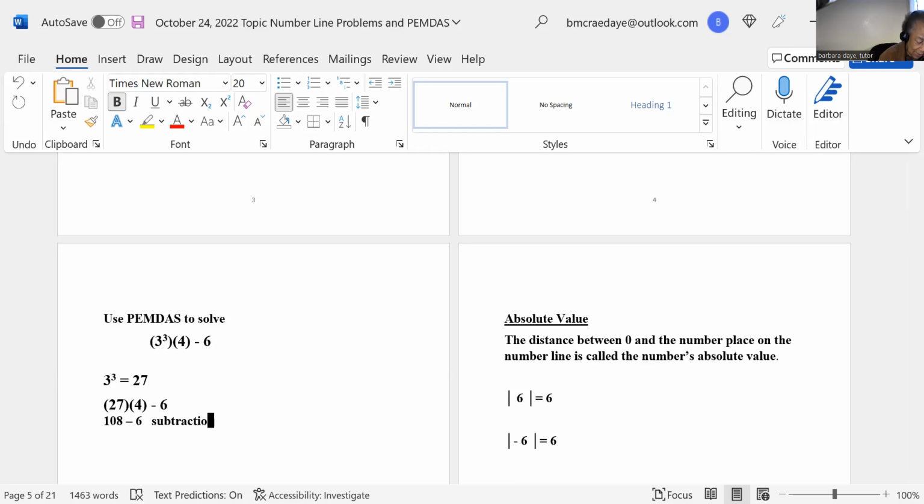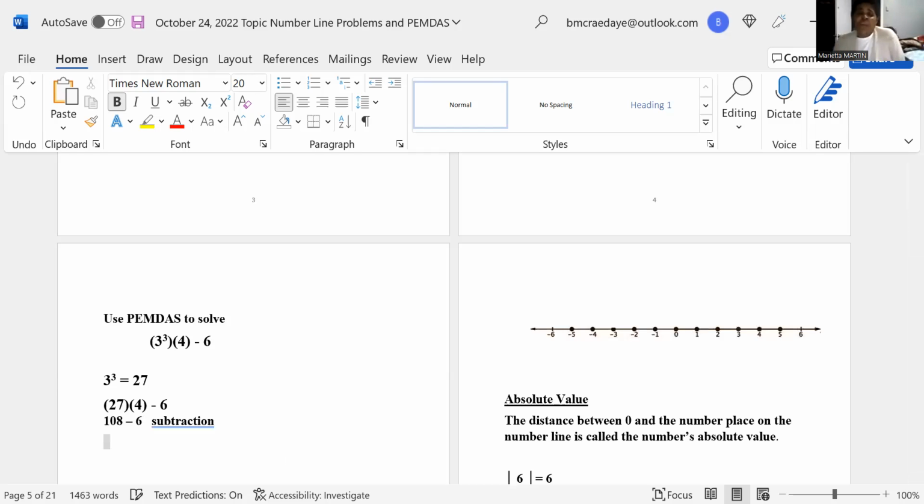Very good. That's a subtraction. So 108 minus 6. I pressed something wrong. I pressed 102. Yeah. That's your answer. I pressed something that I didn't. All right. You're getting your operations mixed up. You got to remember when you have the minus sign, that's a subtraction. I pressed a number without checking it.